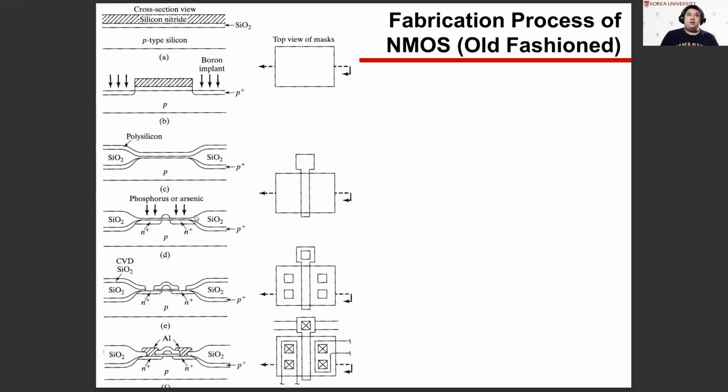As you can see, there's a spacer there, to not accidentally make a short circuit or open circuit between the drain, source and the gate. Then implement the N plus doping and cover the contact. That is the simple fabrication process of NMOS transistors.